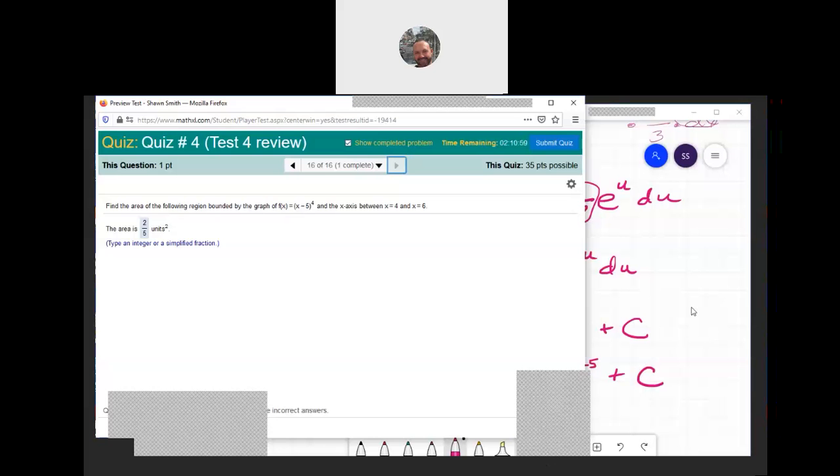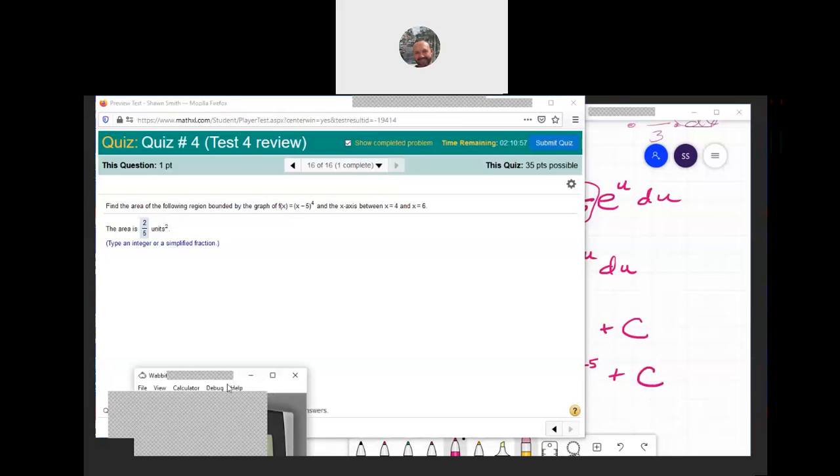So let's do that real quick. Calculator. So I would put this into the graph, (x minus 5) to the 4th, and graph it. All right, so we're looking between 4 and 6.